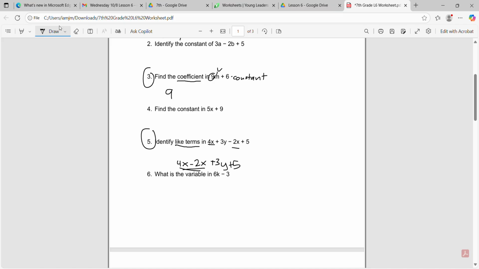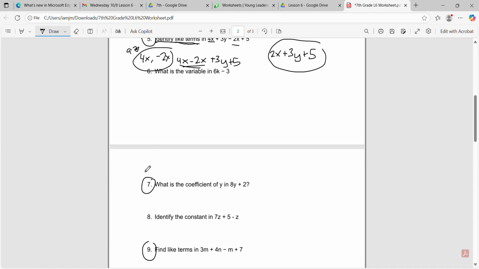Add like terms, and you get 2x plus 3y plus 5. Since the question is asking for identifying the like terms, we'll just write it here, which would be 4x and negative 2x. There's our answer. This would be our expression if we were to combine them.